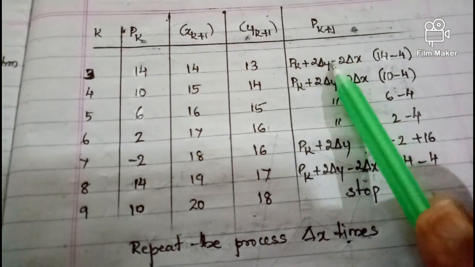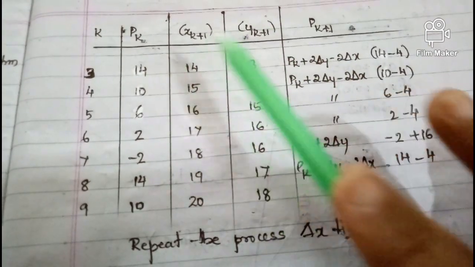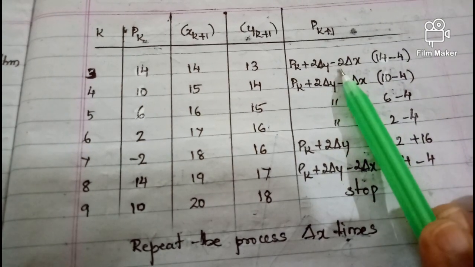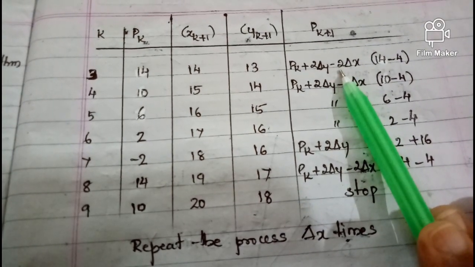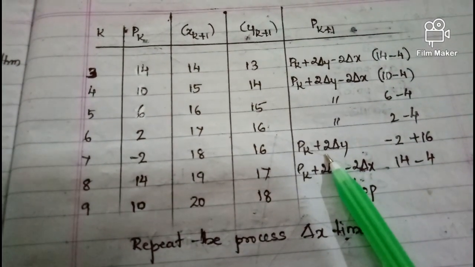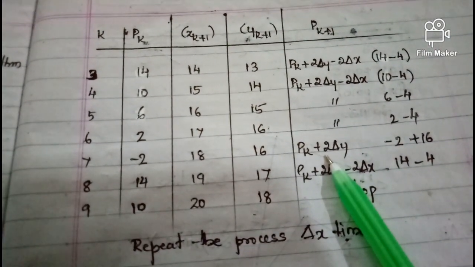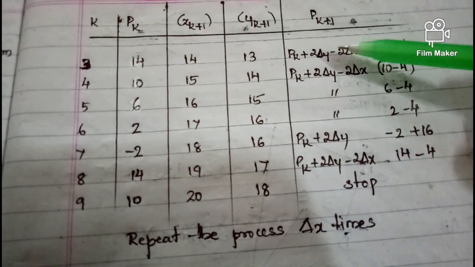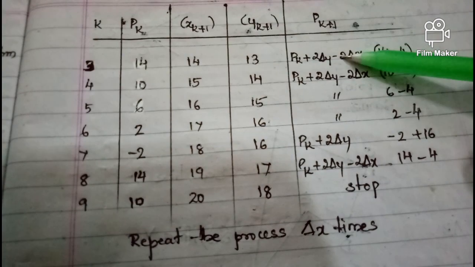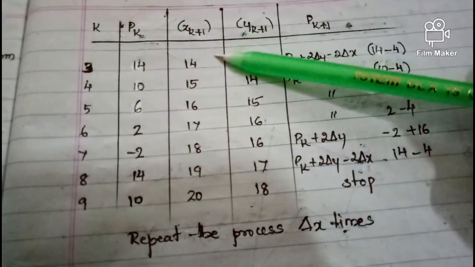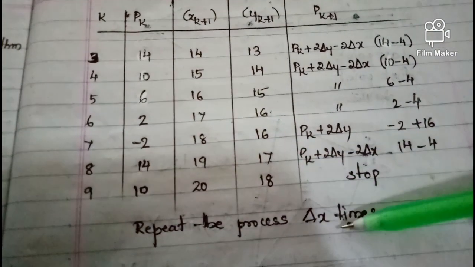Then using the appropriate equation, that means if pk is positive, use pk plus 2 delta y minus 2 delta x to compute the value of pk plus 1. If pk is negative, then use pk plus 2 delta y to compute the value of pk plus 1. So in this way, in each iteration you have to compute the value of pk plus 1, which becomes the next value of pk.